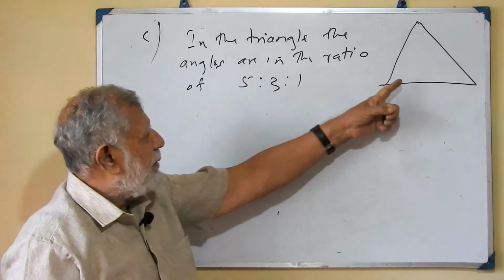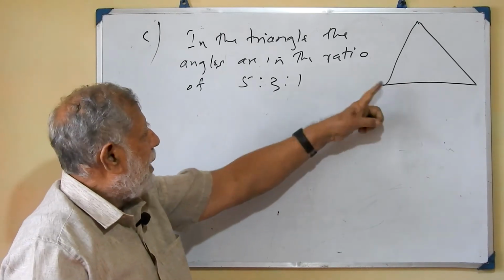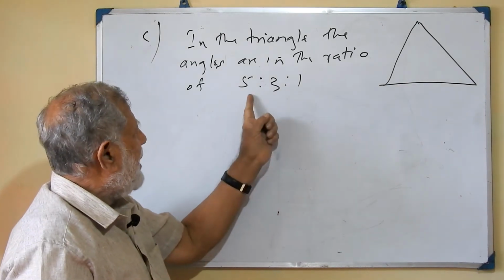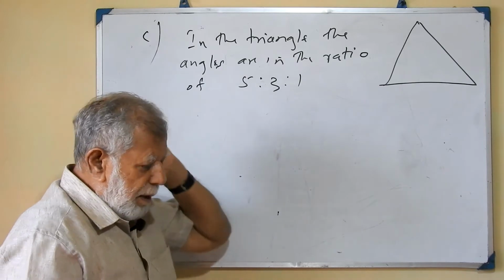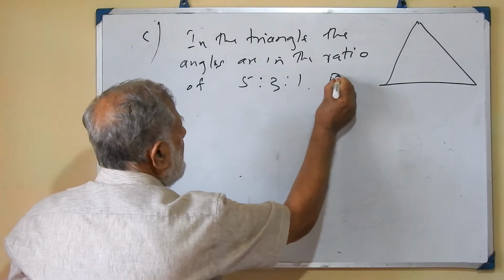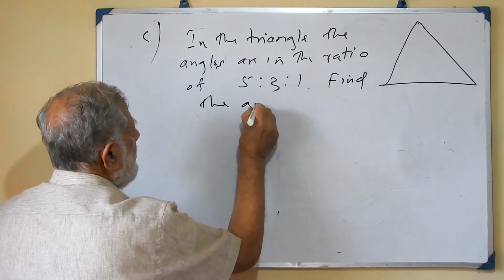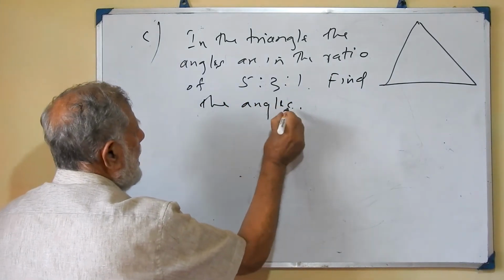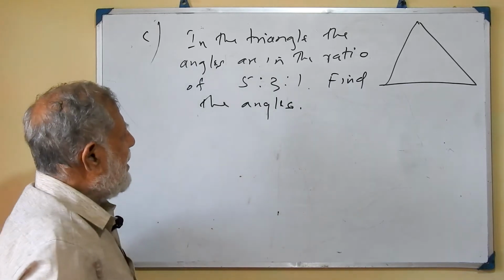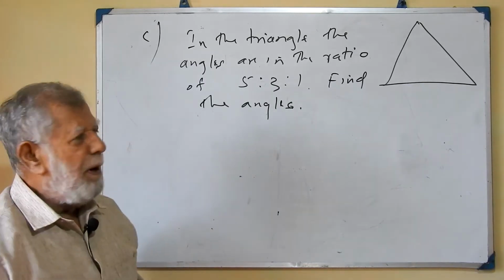Now, a triangle has 3 angles, we know that. So the ratio of the angles is 5 is to 3 is to 1. Find the angles. This type of sum is very easy by using x.